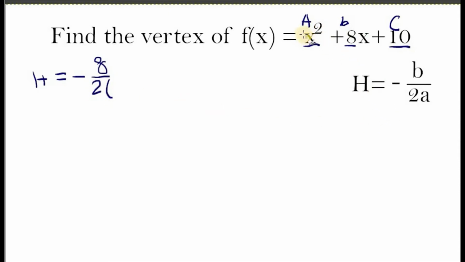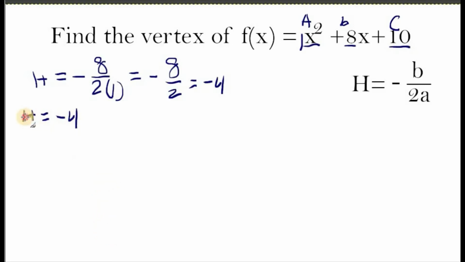It doesn't show anything here, but there's actually a 1 in front of the x. So we're going to continue to simplify, and we get negative 8 over 2, which can be simplified further to be negative 4. So here we know the h is equal to negative 4.